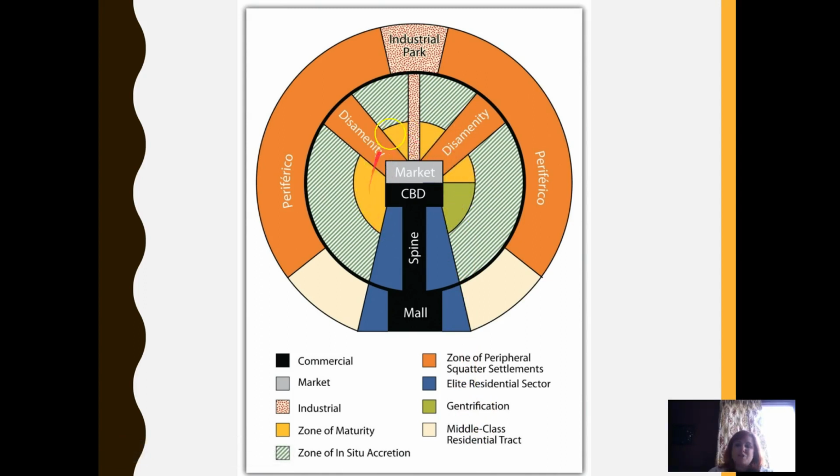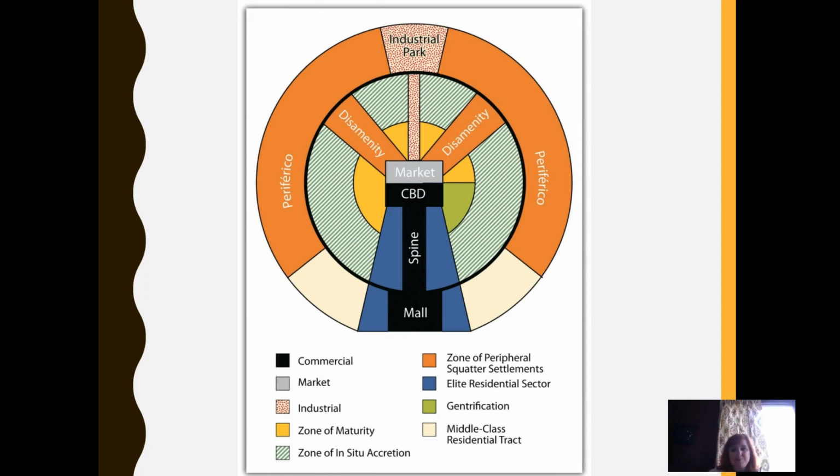These are zones that are maturing, probably increasing in land value, I would say. But there's this also. All of this orange and this right here are disamenity zones, or sometimes what we call squatter settlements, okay? Meaning that squatters live in these areas. They did not purchase homes. They make homes out of whatever they can find.